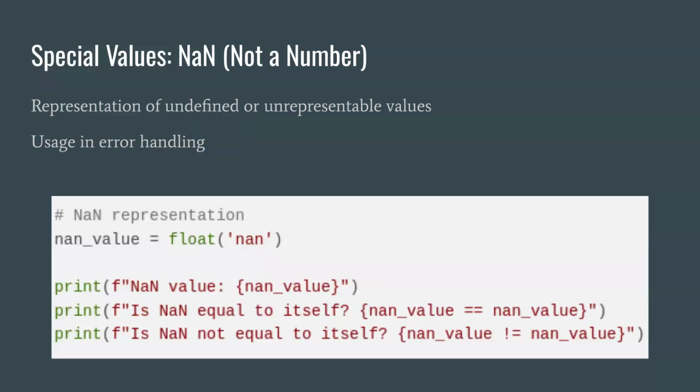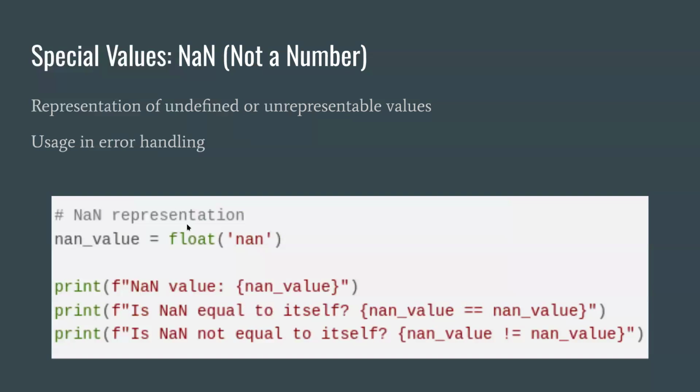when encountering undefined operations. So there are two types of NaNs. One is quiet NaNs and another is signaling NaNs, which differ in how they propagate and signal exceptions.